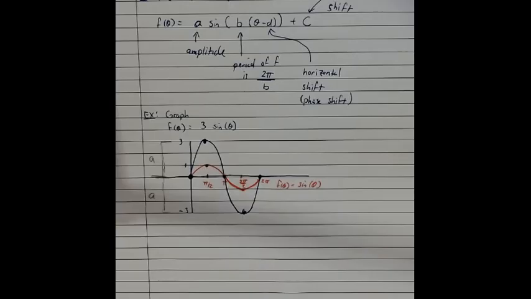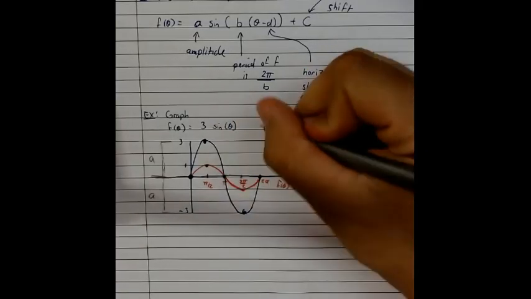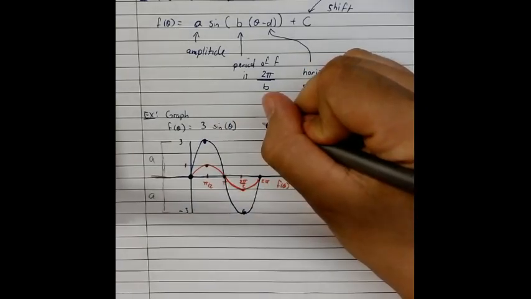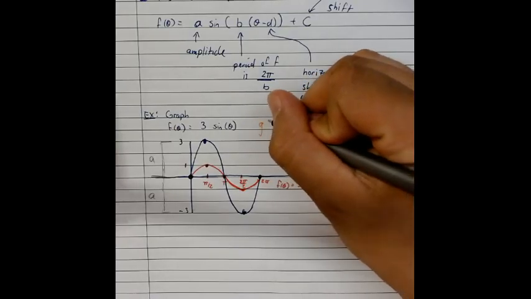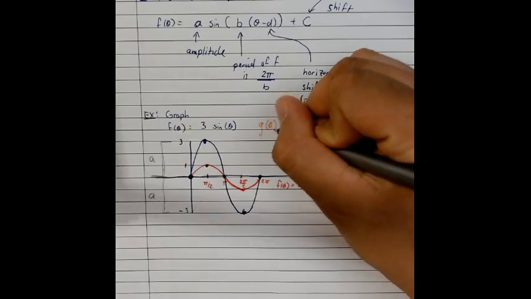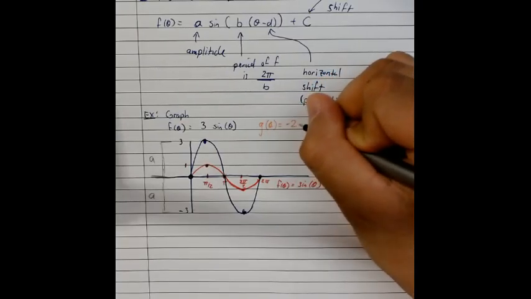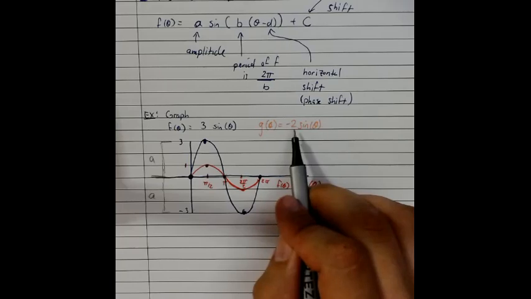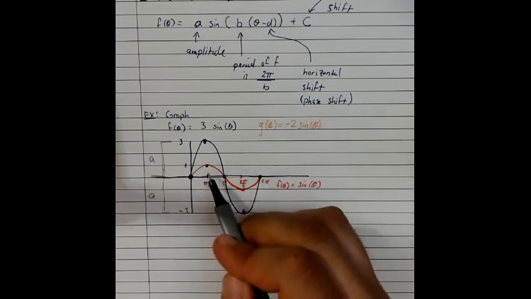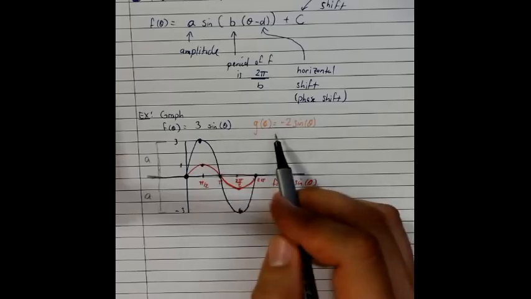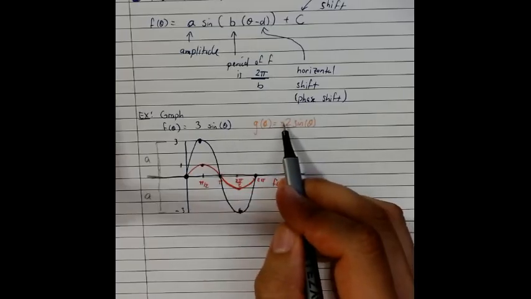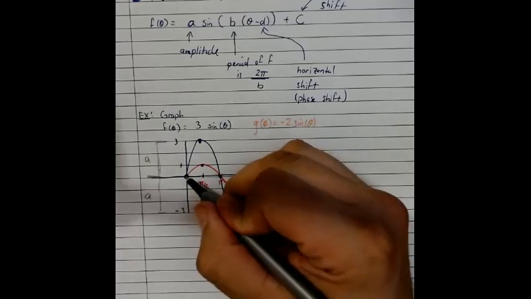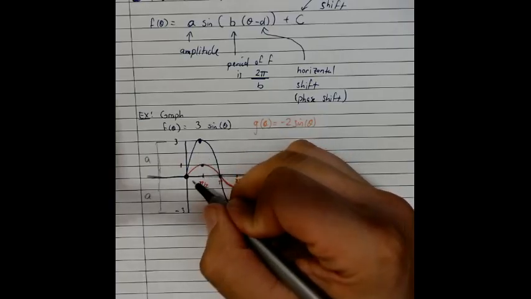So let's say I want to graph, and let me use a different letter here, let's call this one g. g of theta is equal to negative 2 sine of theta. Well, now this is going to change my amplitude. From this baseline, I'm no longer going to go up 1 or 3. I'm going to go up 2. Oh, but the negative is going to cause a reflection. It's going to make everything upside down. So instead of going up to a maximum of 2, I'm going to do the opposite.